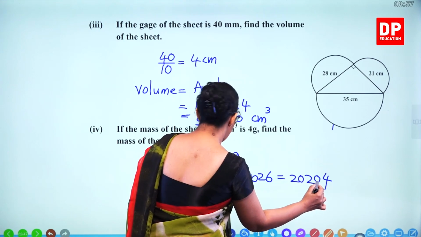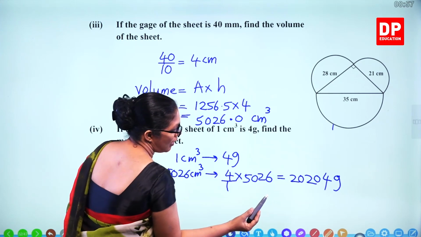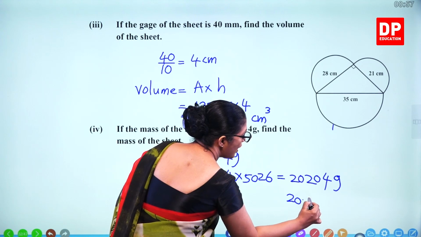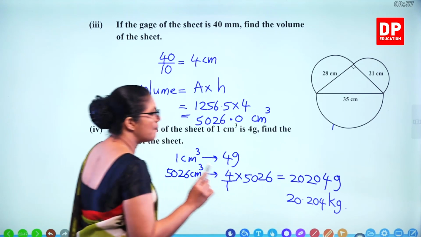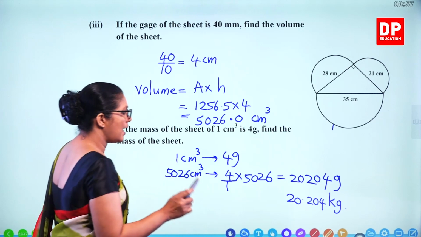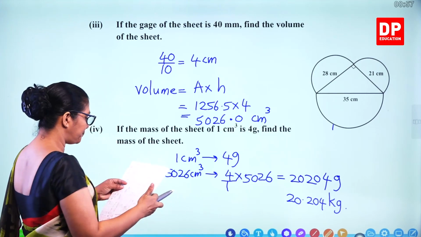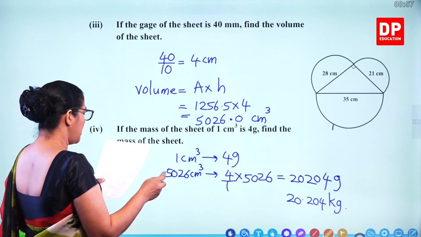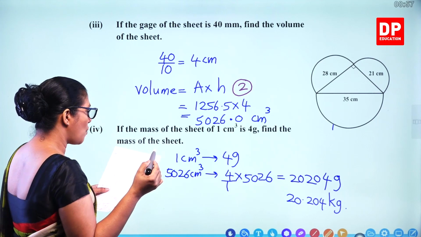That's in grams, or you can write in kilograms, divide by 1000. You can divide by 1000 there. So how many marks for these two? You get 5026, 2 marks, and 20.104.